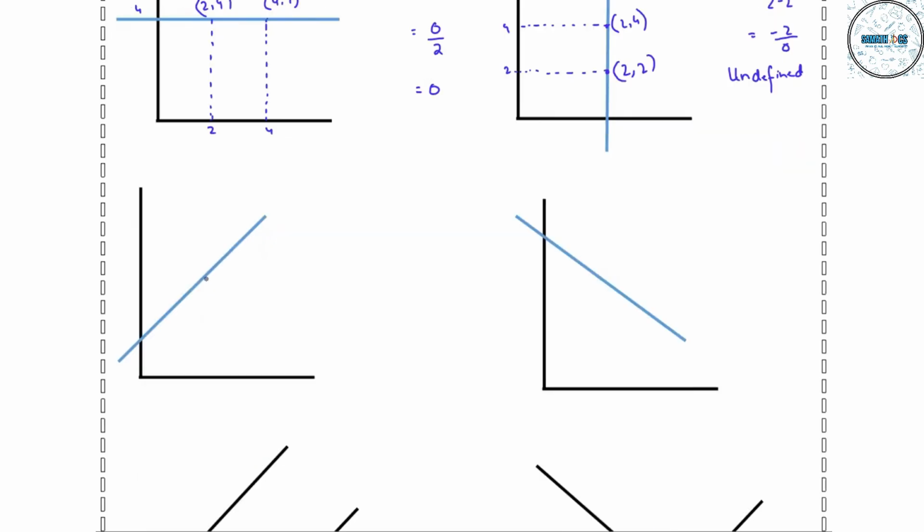If the line is drawn like this, then the gradient of this line is positive.